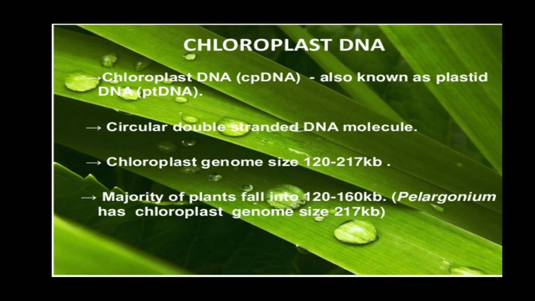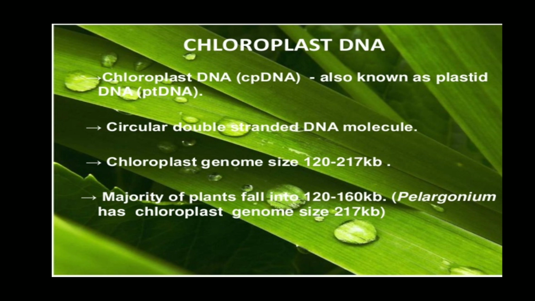Then we'll see the chloroplast DNA. So this chloroplast DNA is also called the cpDNA, right? It's also known as the plastid DNA, that is ptDNA. Both the meanings are the same. This chloroplast DNA is a circular double stranded DNA molecule, right?